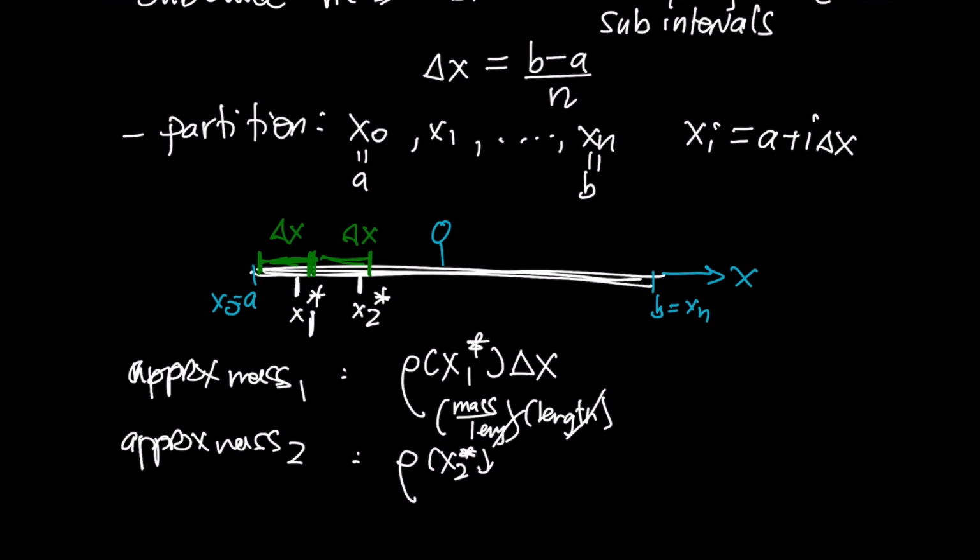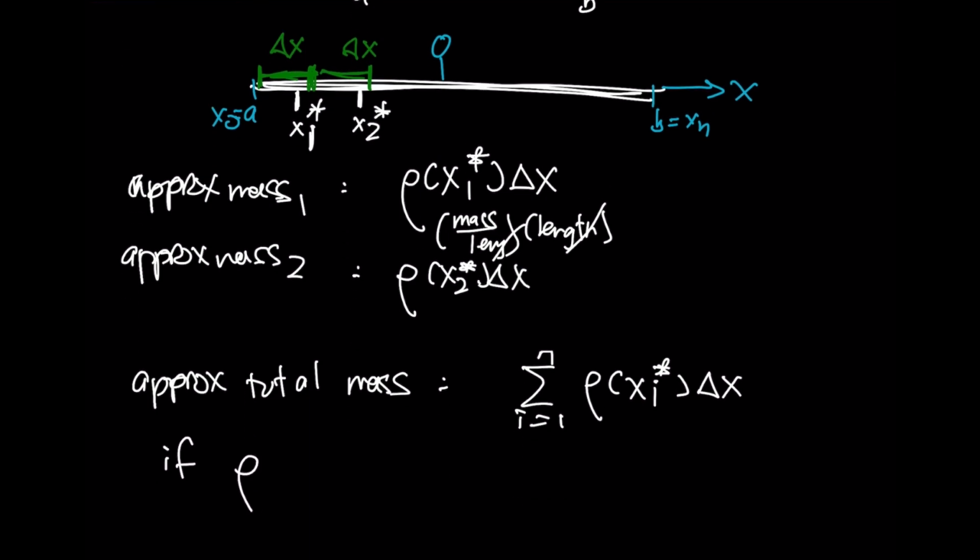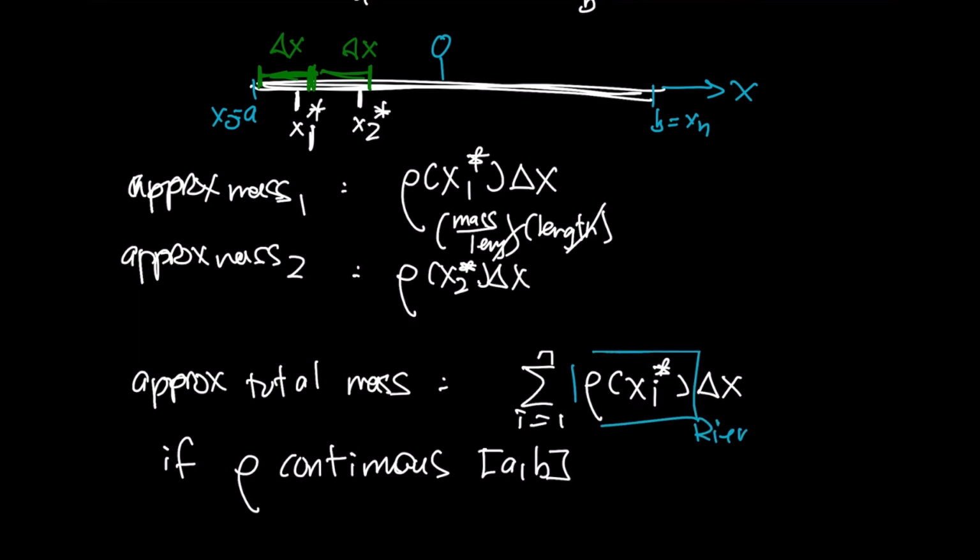And if we approximate the total mass, what we're going to get is a sum from i equals 1 to n, where we sum up all of these mass densities times this delta x. Now, if this density function is continuous on that interval a to b, that means this Riemann sum will exist when I put it into a limit.